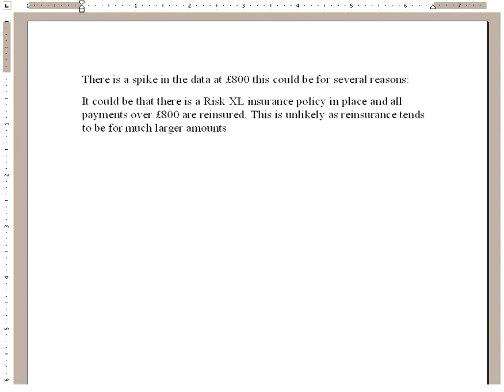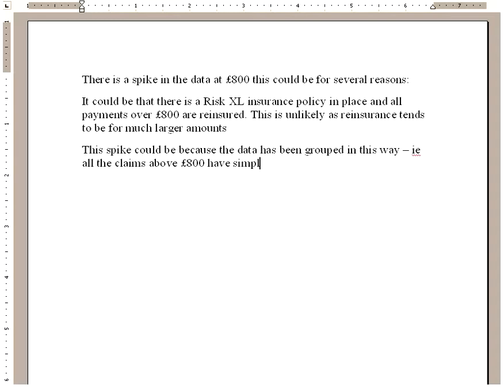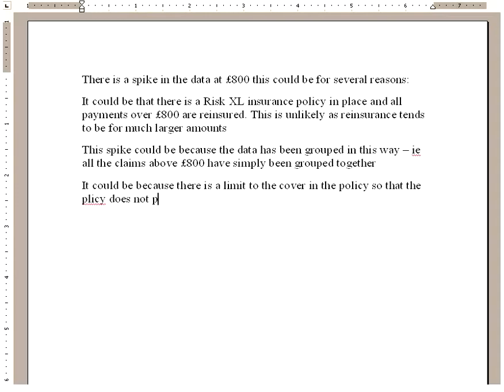Another possibility we discussed was that the spike could be because the data has been grouped in this way, i.e. all the claims above 800 have simply been grouped together, and it could be because there is a limit to the cover in the policy, so that the policy does not pay out above 800.